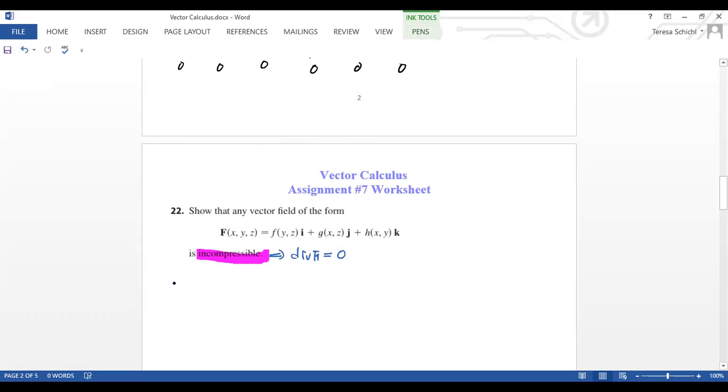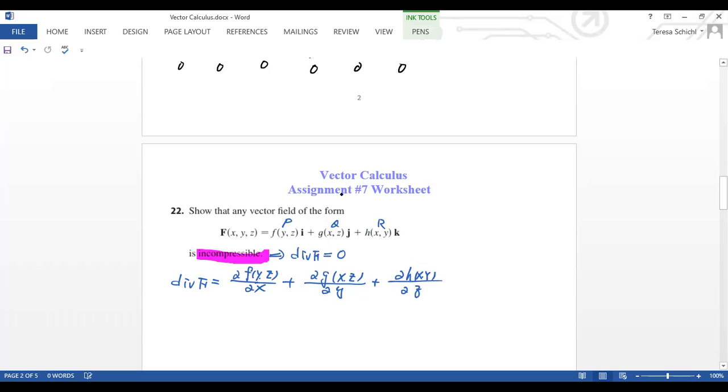So we know the divergence of F. This is your P, this is your Q, this is your R. The divergence of F is ∂P/∂x, so that means you take ∂/∂x of f(y,z) plus ∂Q/∂y, so it's ∂/∂y of g(x,z), then plus ∂/∂z of h(x,y).